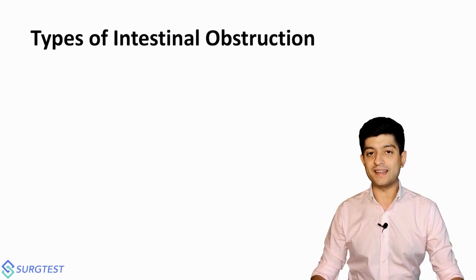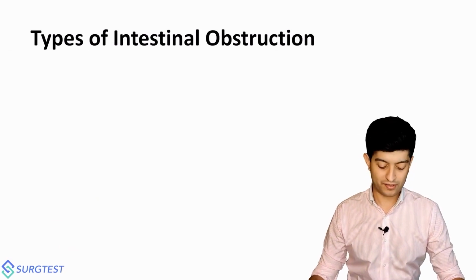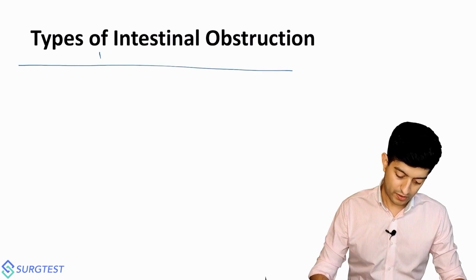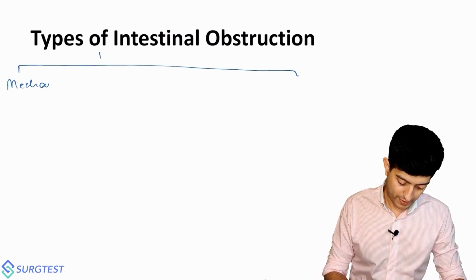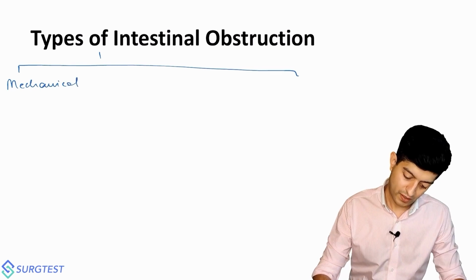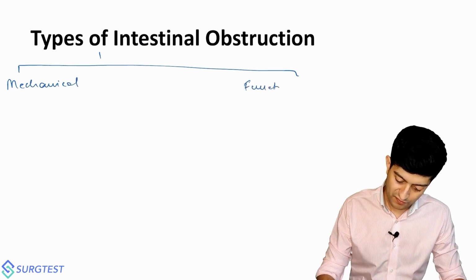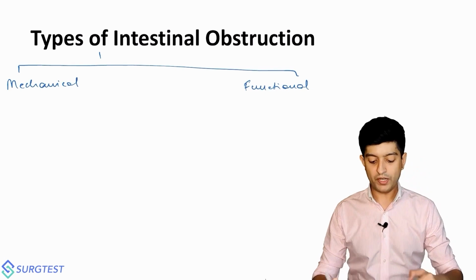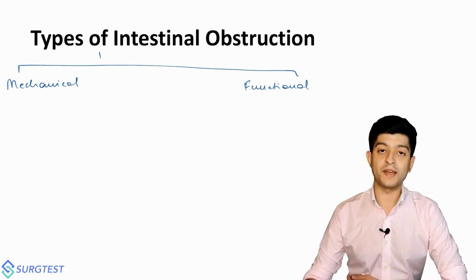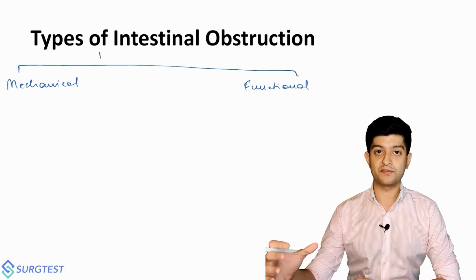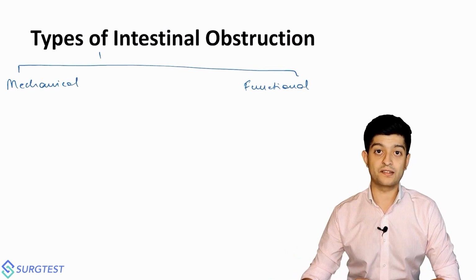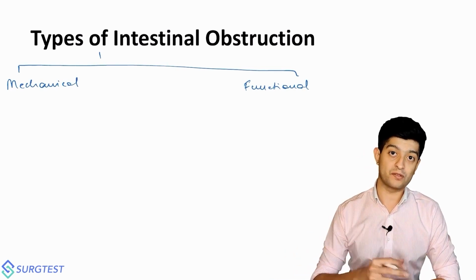There are several easy ways of classifying intestinal obstruction. The main one is dividing it into mechanical causes and functional problems. When you have a mechanical cause, it means that there is a physical barrier to the forward propulsive motion of intraluminal contents within the intestine from proximal to distal.